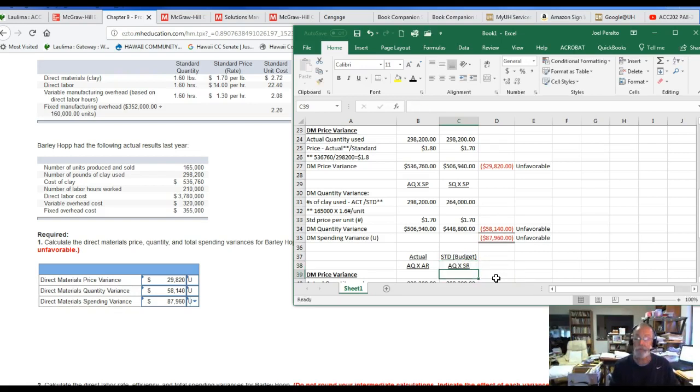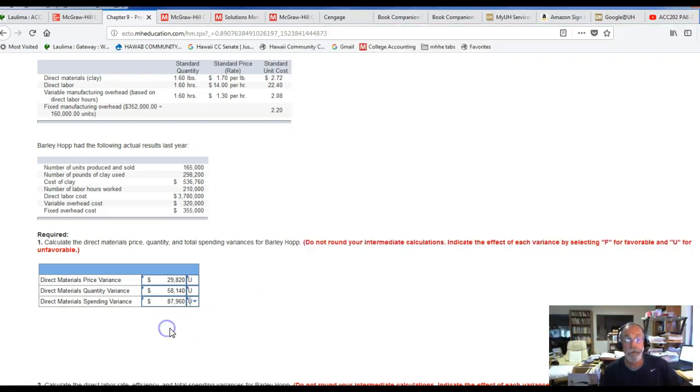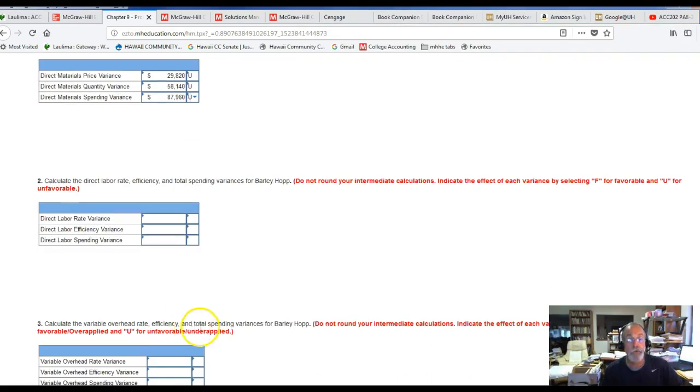Since for labor we're looking at labor rate, this is going to be our labor rate and labor efficiency variances.